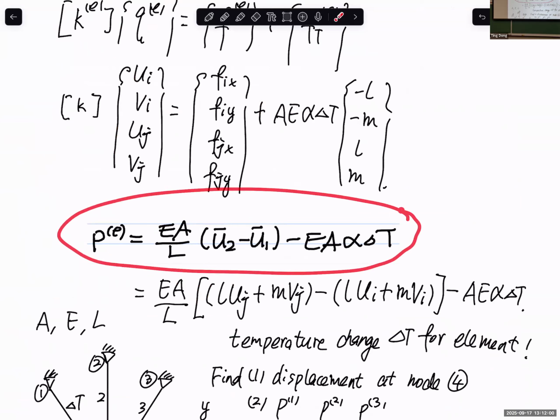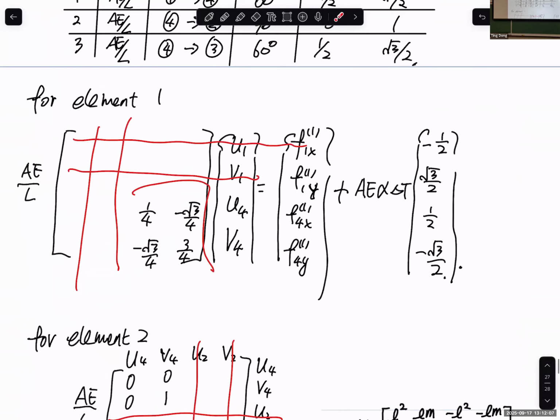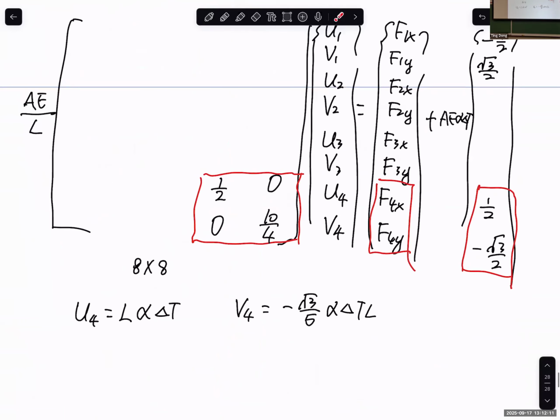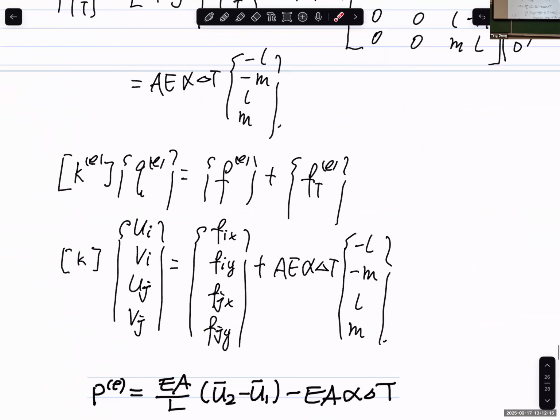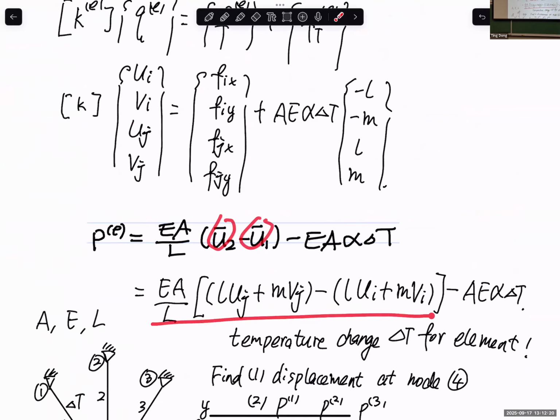And I expanded it in this way because, in your solution, when we solve this equation, it's always everything in the global coordinates, right? It's not really in the local coordinates. So that's why I expanded it this way. Basically, you have uj, vj, ui, vi, and you plug in here, and you get everything.